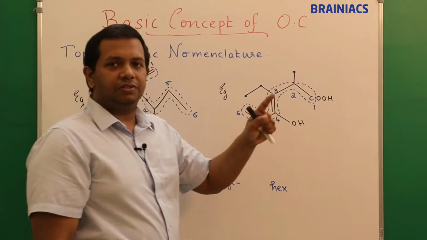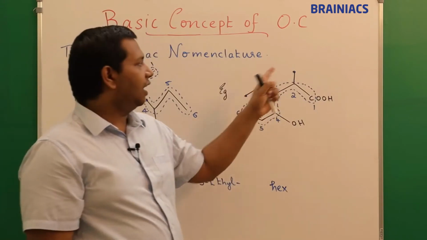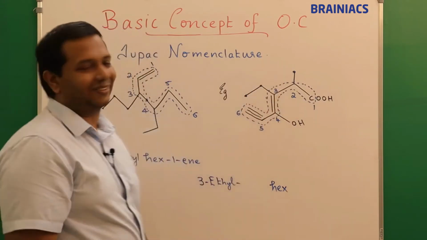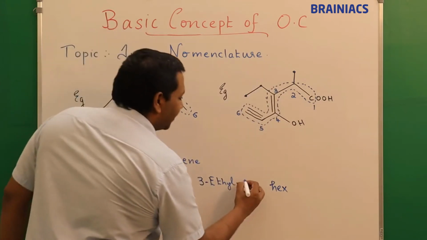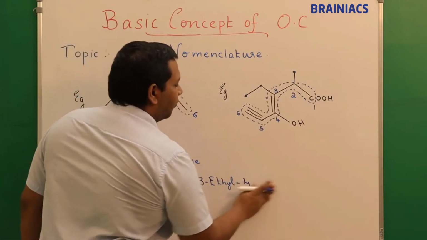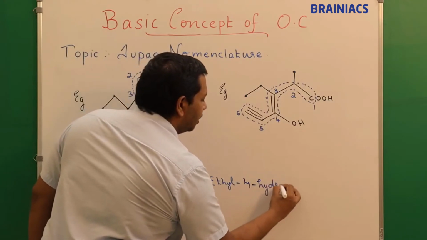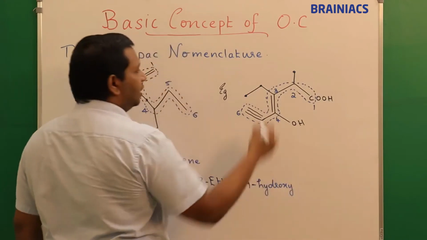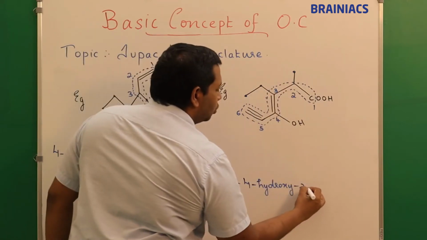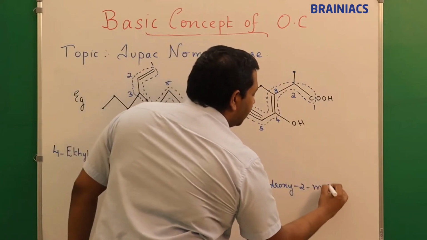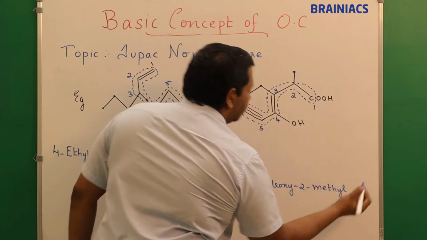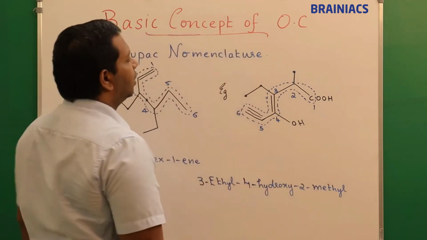A, B, C, D, E, F, G, H, I, J, K, L, M. So H will come first, correct? So that will be 4-hydroxy. Then comes 2-methyl. There is no space there, so I am writing methyl.